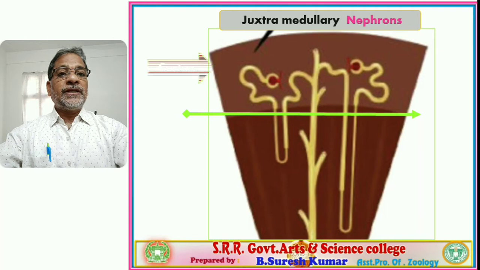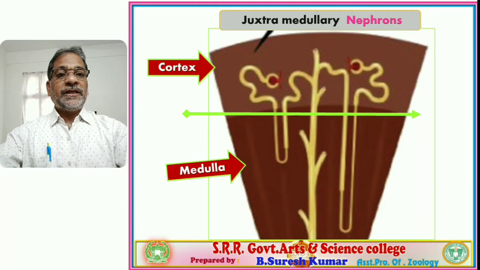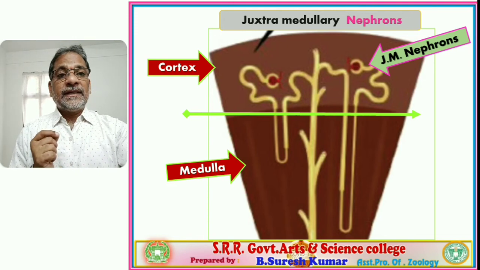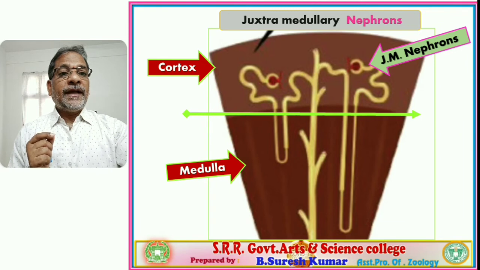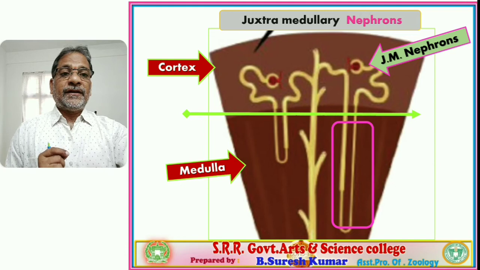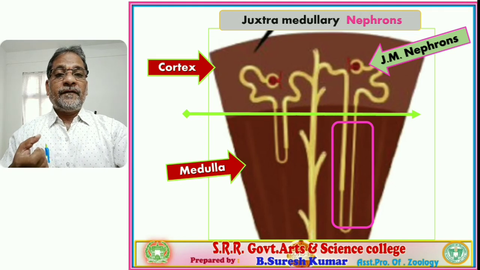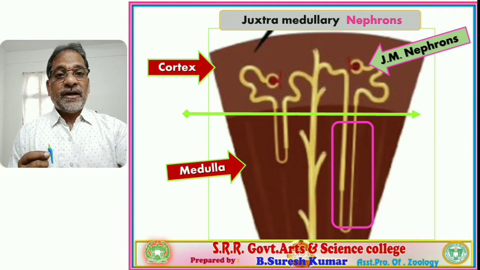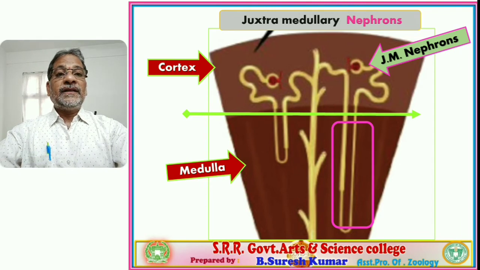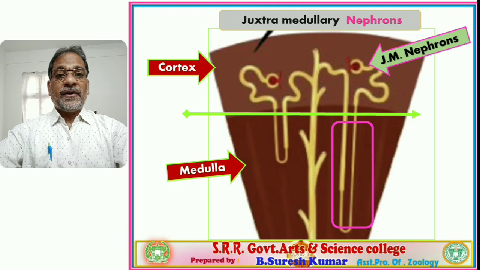So the outer portion is cortex, the inner portion is medulla. So these are juxtamedullary nephrons. Alright, you verify their loop of Henle. It is very long comparatively with cortical nephrons, and the loop of Henle is completely arranged in the medulla region and with vasa recta. So these are the differences between cortical and juxtamedullary nephrons.